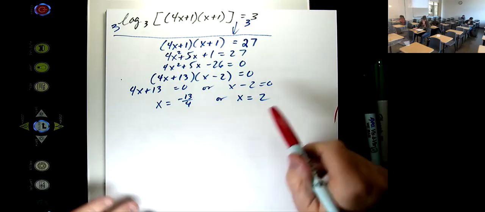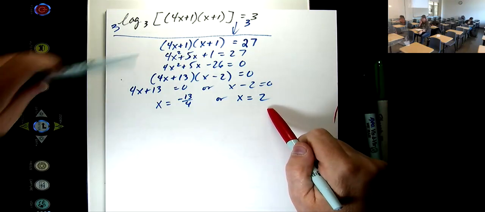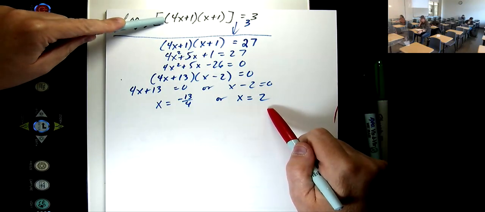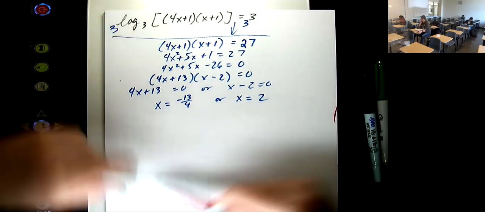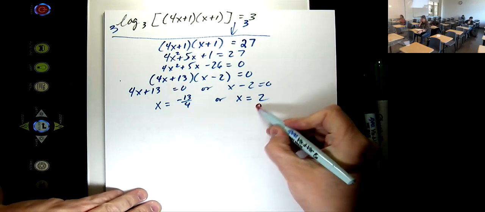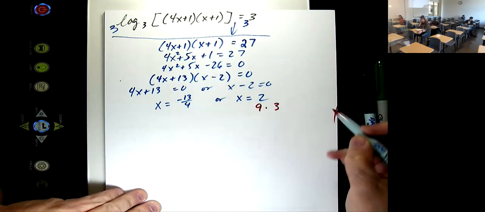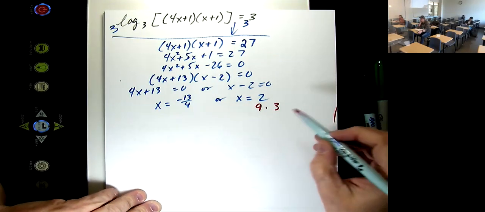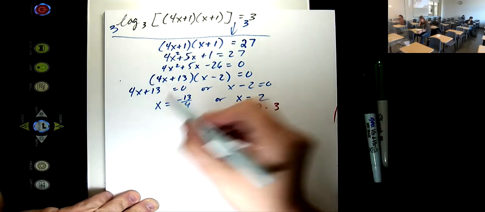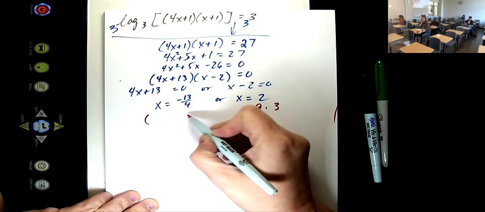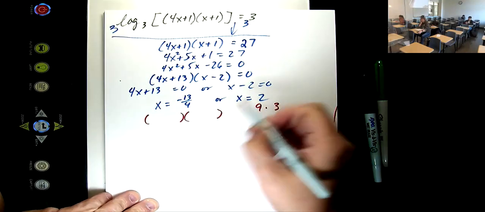I think checking x equals 2, you can do it visually quickly. 4 times 2 is 8 plus 1 is 9. This turns into 9 times 3 on the inside. That's a positive number for sure. Remember, all we need is for this thing to be greater than 0.